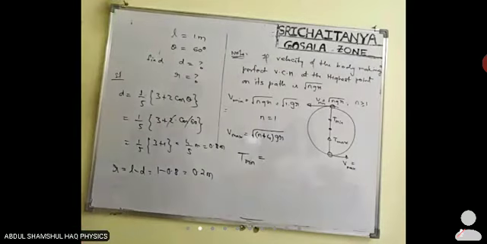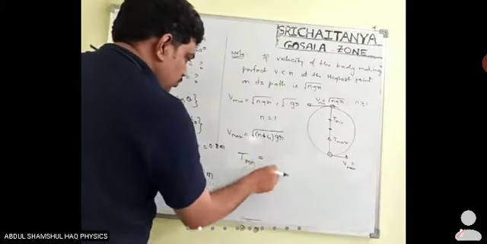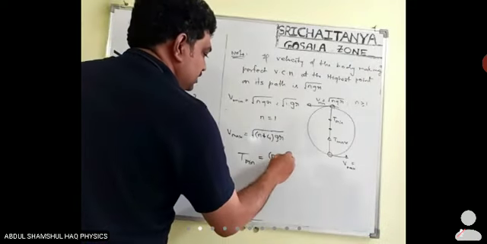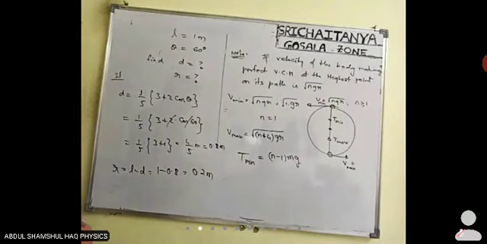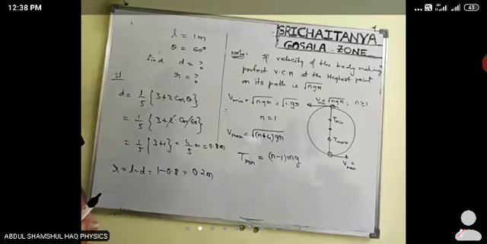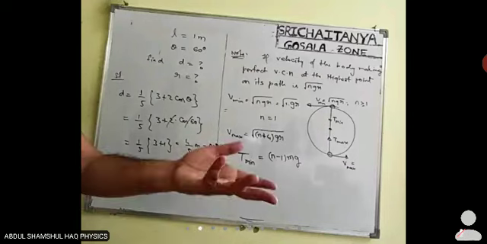Minimum tension should be zero. Yes, Vivek Nanda, minimum tension should be zero. So to get zero, can I say it is n minus 1 mg? If I put n equal to 1 there, 1 minus 1 mg, 0 mg, is 0.